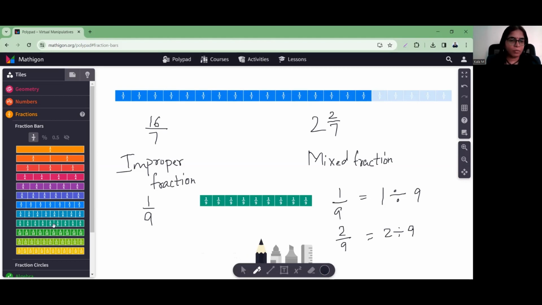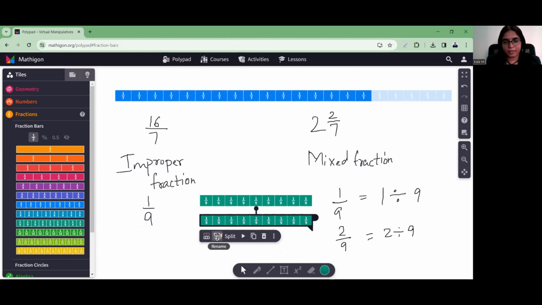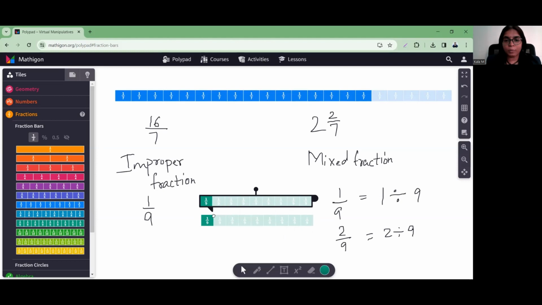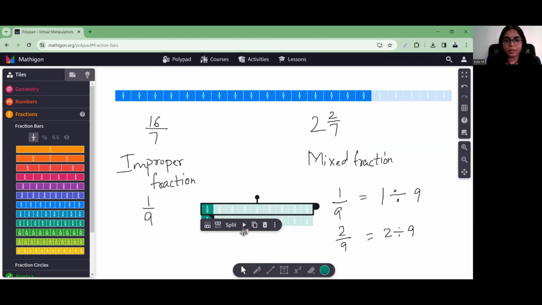How? Let's take one more example like this. Let's say these are two wholes. Two things are divided among 9 people. What will happen? In this one you cut 9 pieces, in this one also you cut 9 pieces. And you give one piece to one person from this one and from this one.